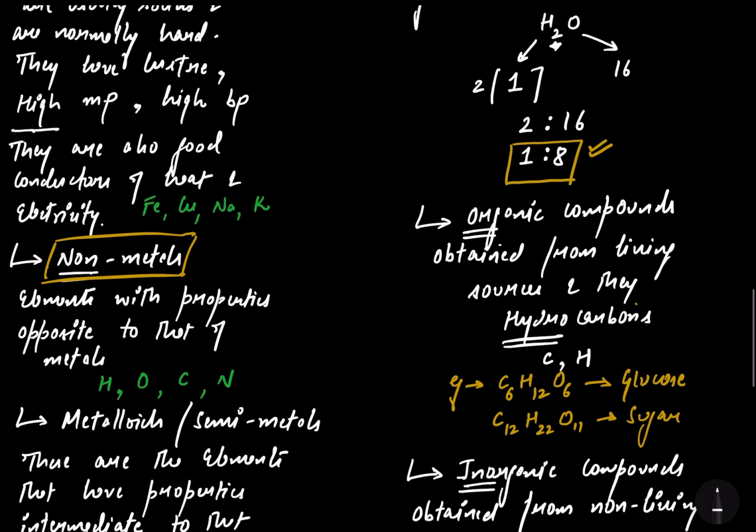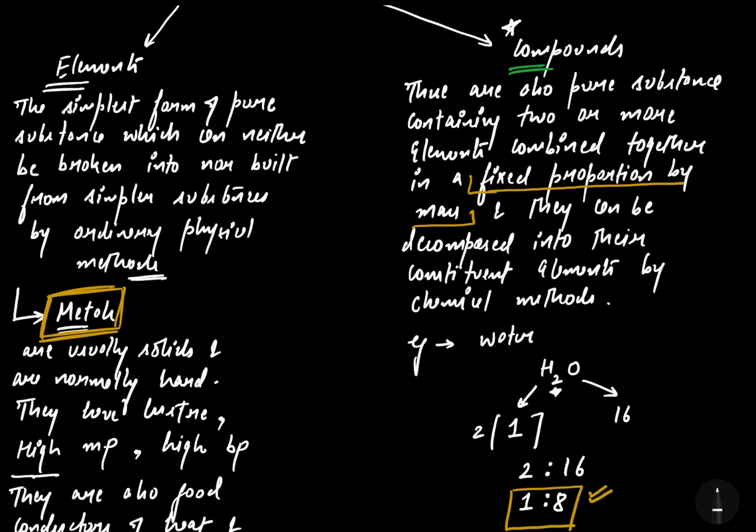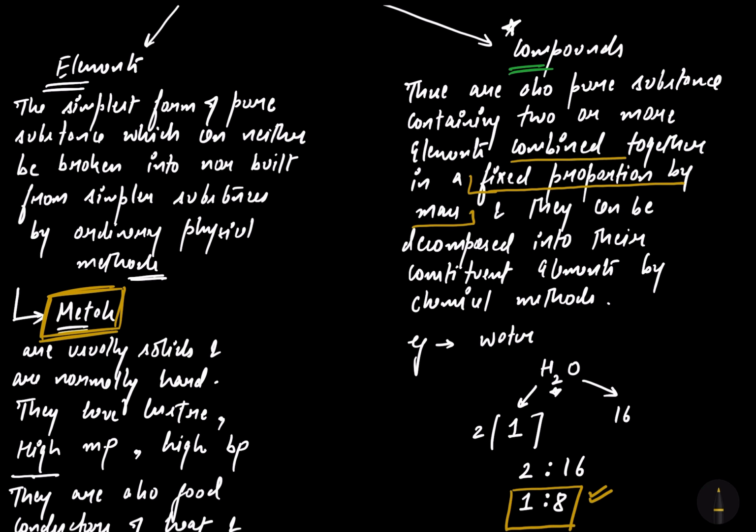When I was talking about compounds, there was also the chemical combination. They are combined together in fixed proportion by mass, by chemical bonds.